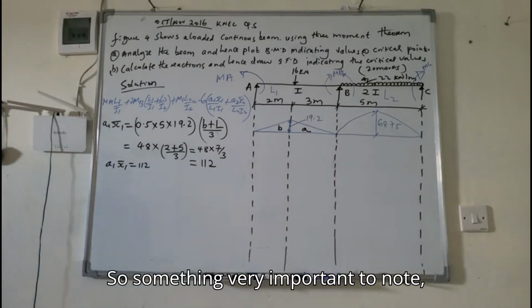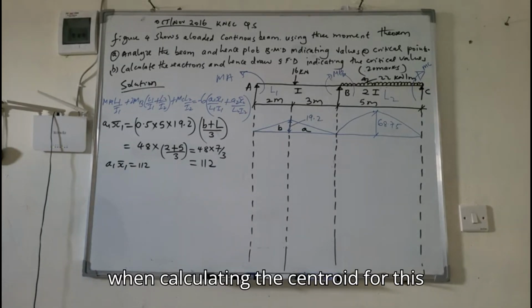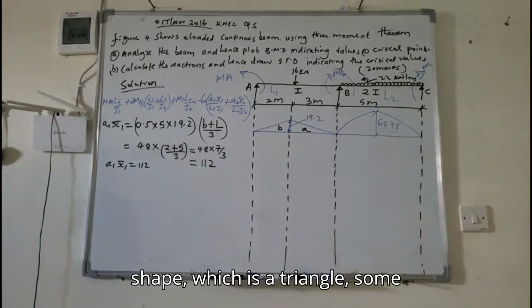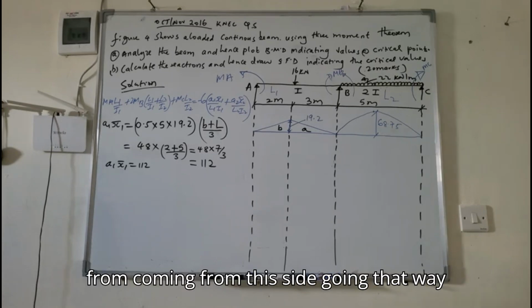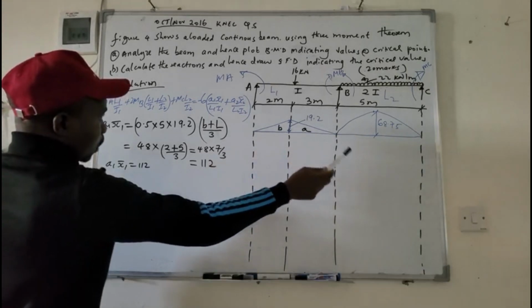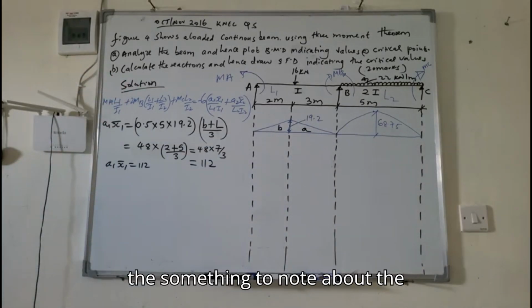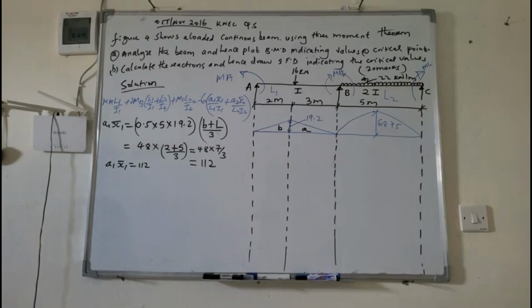Something very important to note: when calculating the centroid for this shape, which is a triangle, some of you may get a problem, because you can calculate the centroid either coming from this side going that way or from the other side. So note how to determine where A and B are.